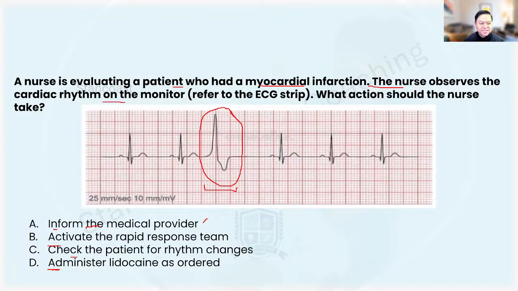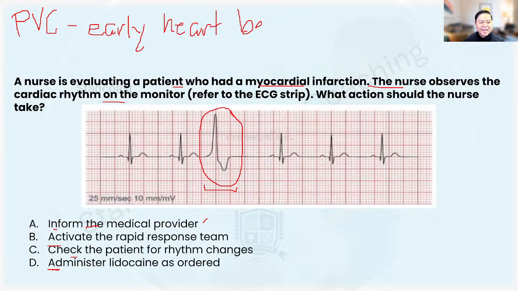What is a PVC? If you are lacking knowledge base about the PVC, I need you to pay attention. Premature ventricular contractions are irregular early heartbeats, and they originate in the ventricles.